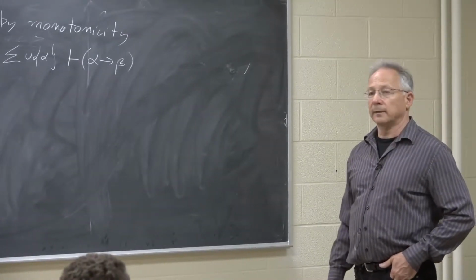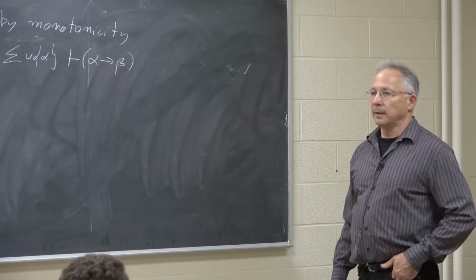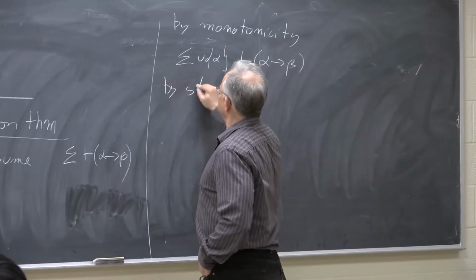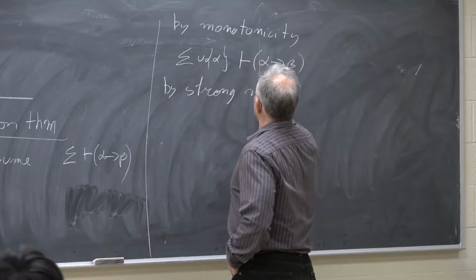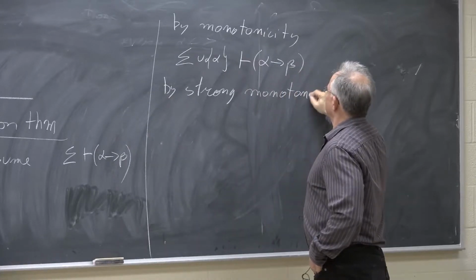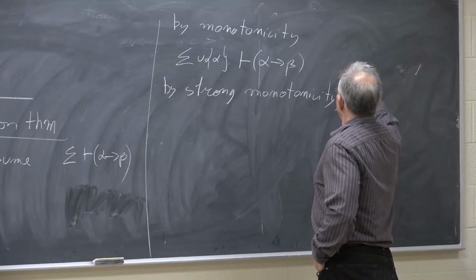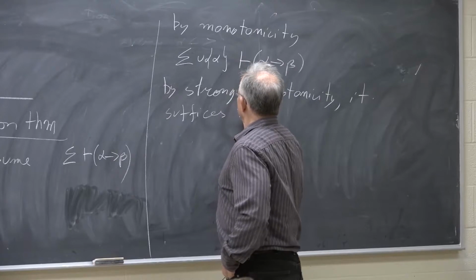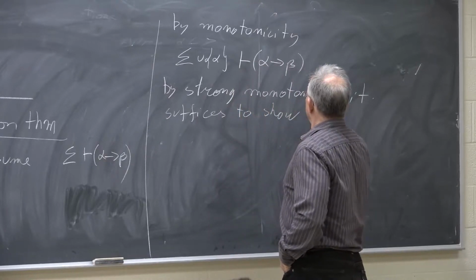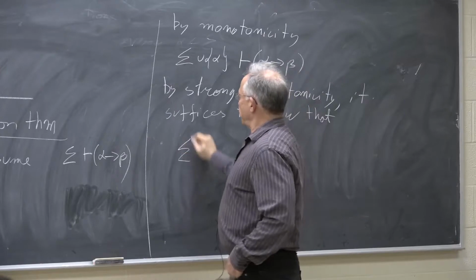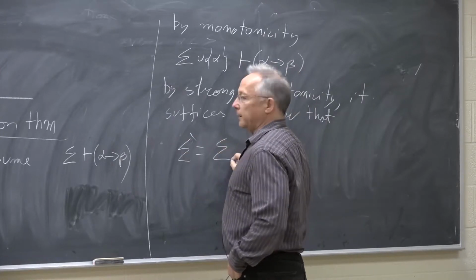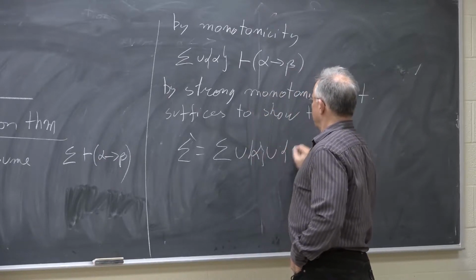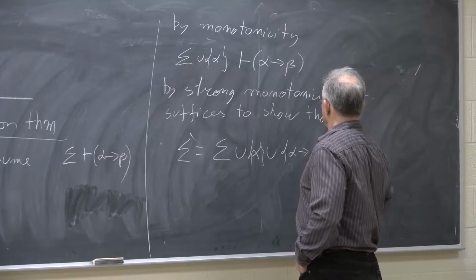Now, by strong monotonicity, it suffices to show that sigma prime, which is sigma union alpha, can prove beta.